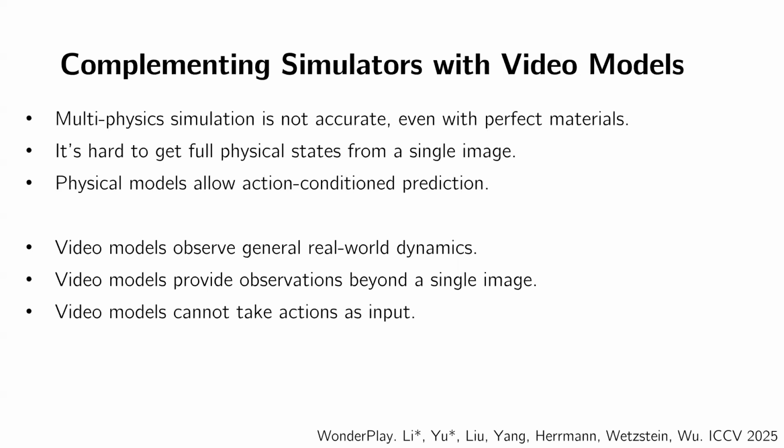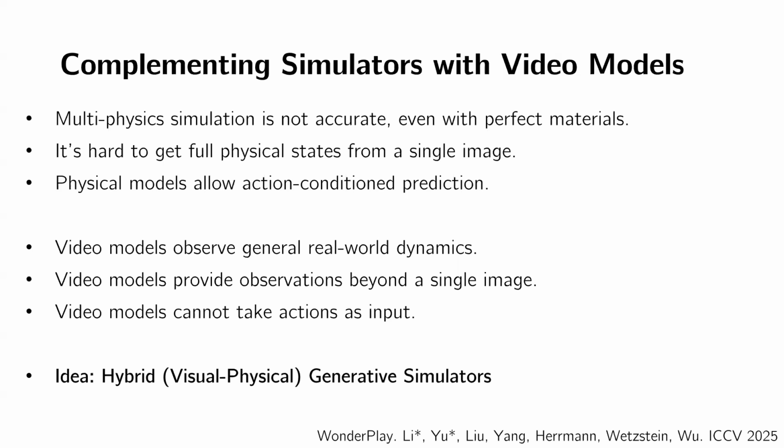But the issue with video models is they cannot really take actions as input. Maybe Genie 3 can take a little bit of going forward, backward, and some language conditions as the input. But that's very different from the actions you really want to have in the physical simulation or eventually for robotics, because the action space is so much higher and you have so much fewer data. So they can't really take action conditions as input.